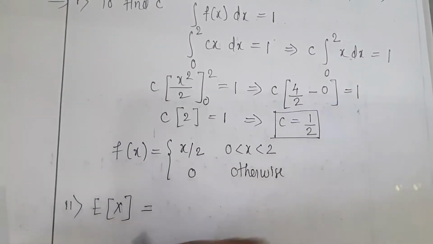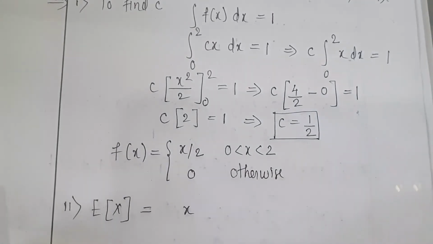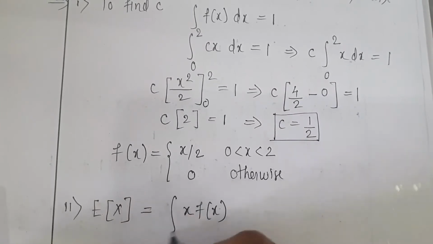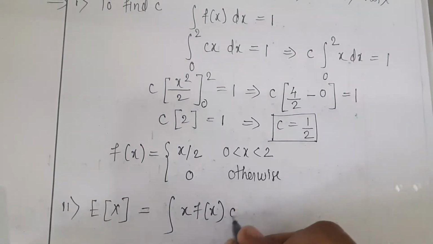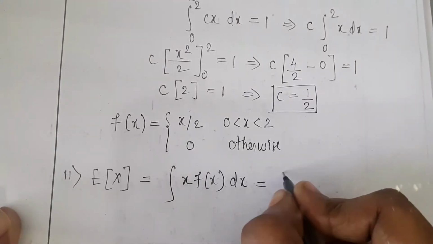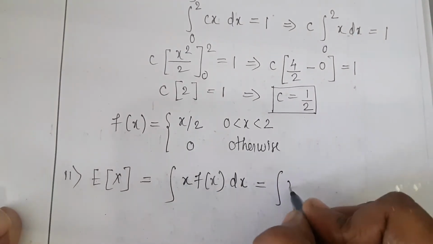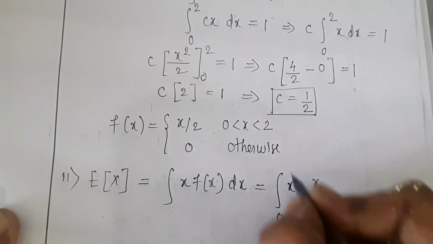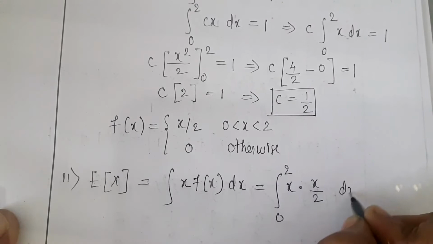This is a problem of the continuous case, so the definition remains the same, x into f of x, but instead of summation we have integration: the integration of x into f of x dx. Now it is equal to the integration of x as it is, with f of x equal to x by 2 for the range 0 to 2, dx.